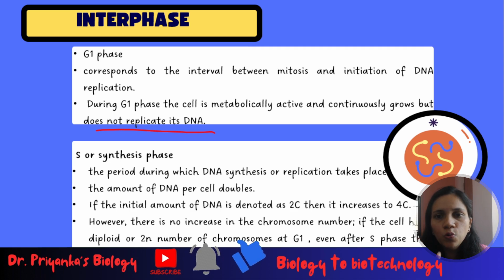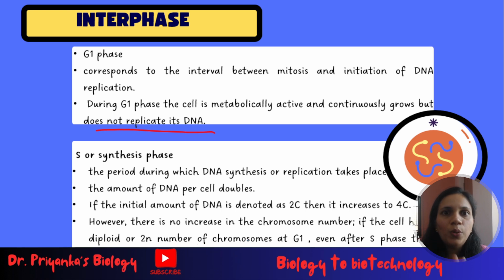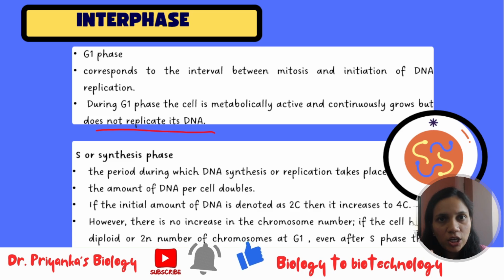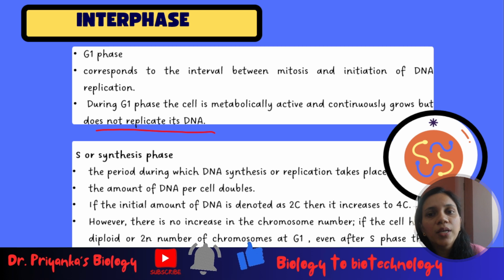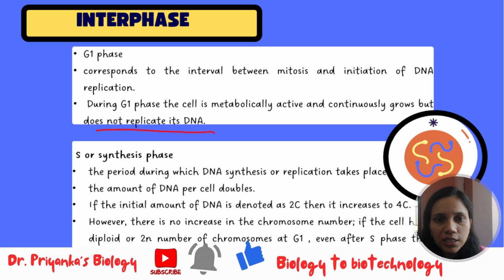So three things we have to remember. What is G1 phase? The interval between the mitosis and the initiation of DNA replication. Second, the cell is metabolically active. And last, there is cytoplasmic growth, but there is no DNA replication or synthesis.